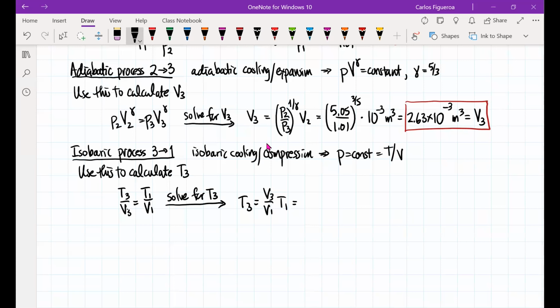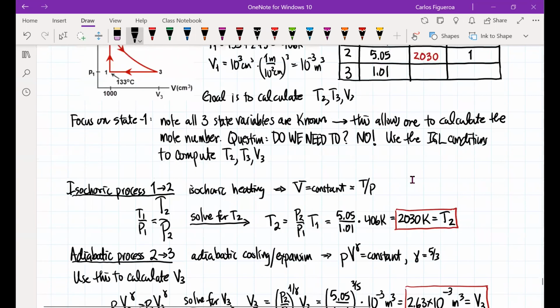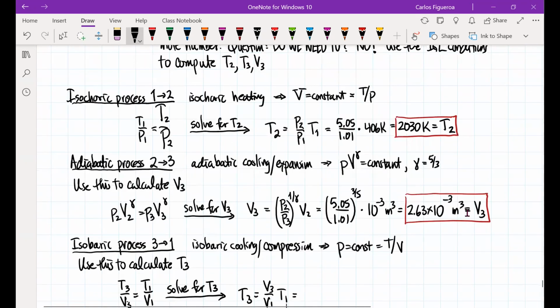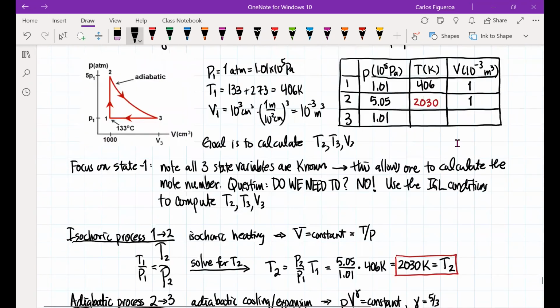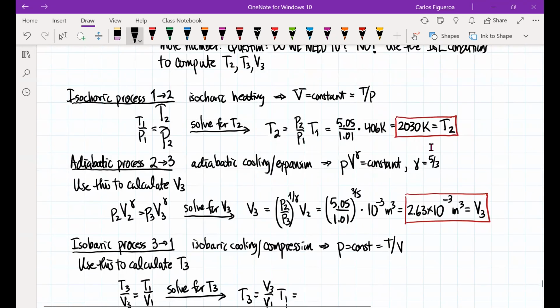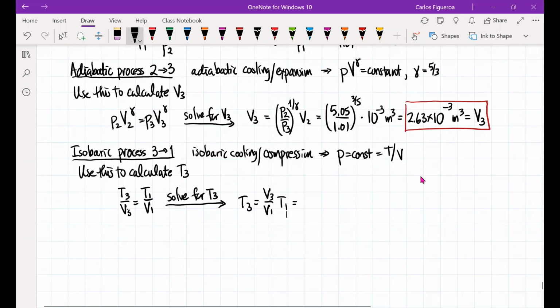Now if I bring in my values, I know what the volume is, and I know what temperature 1 is. So this will be 2.63 times 10 to the negative 3 divided by 1 times 10 to the negative 3 times the temperature of 406 K. I now get a temperature of 1068 Kelvin for T3.